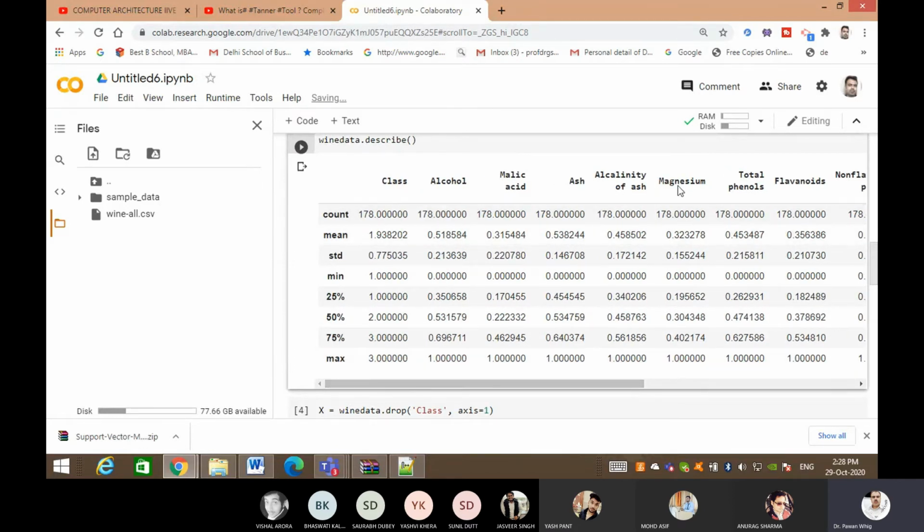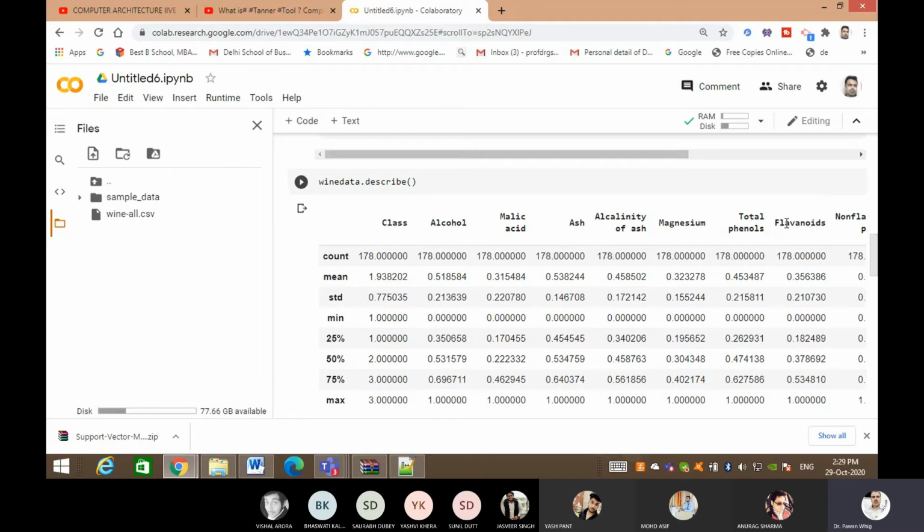And if I want to see only these headers, what is the command? Anybody? I want to see only the headers, the indexing. Anyone?